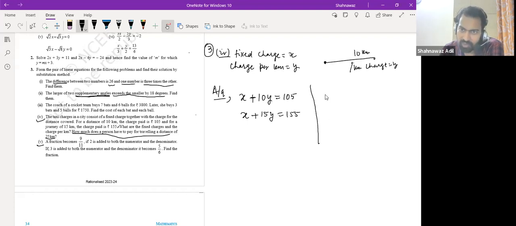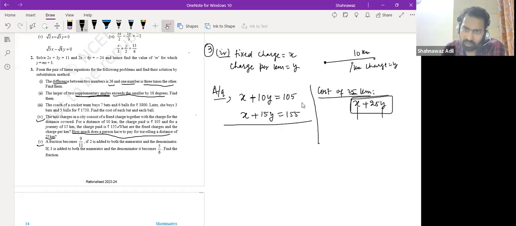So for 25 kilometers, the cost would be the fixed charge plus 25y. So this is what we need to find out, and for that we need x and we need y. So let us solve these equations.